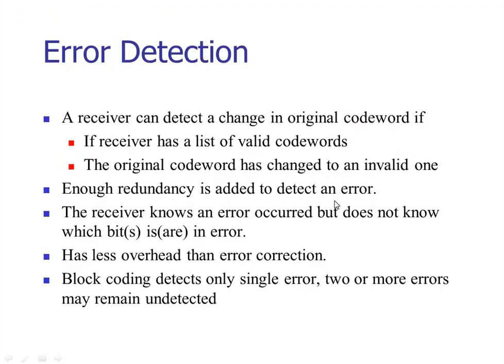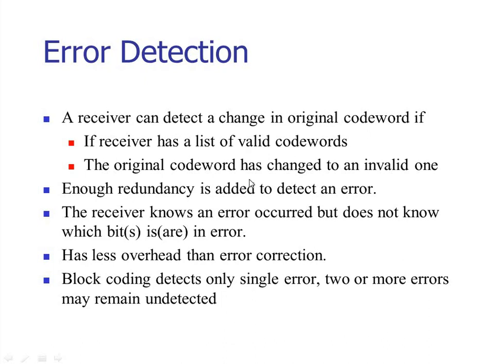So error detection will occur. A receiver can detect a change in the original code word. If the receiver has a list of valid code words, and the original code word has changed to an invalid one, then you can easily detect whether there is a change in the code word or not.